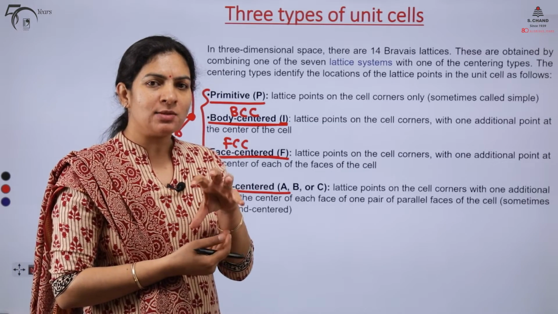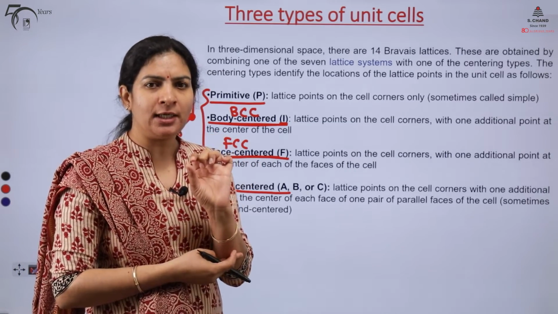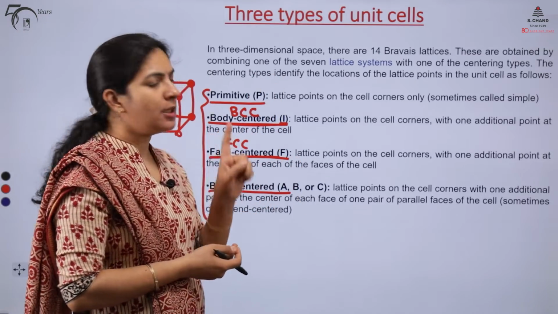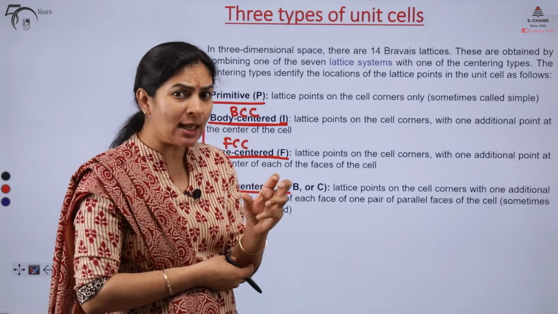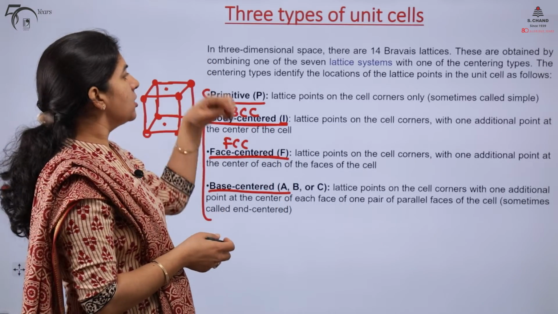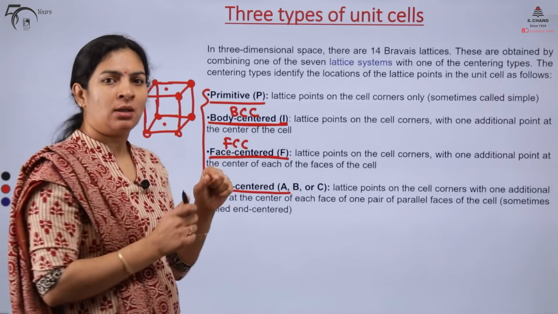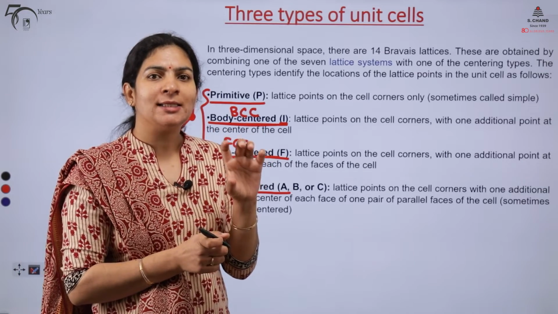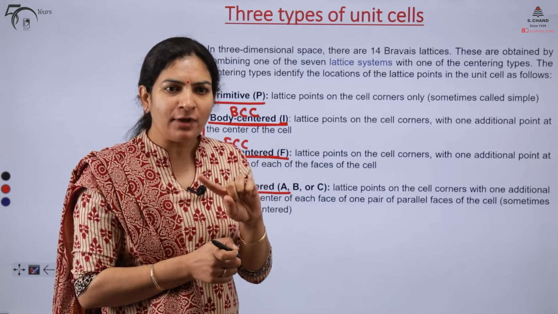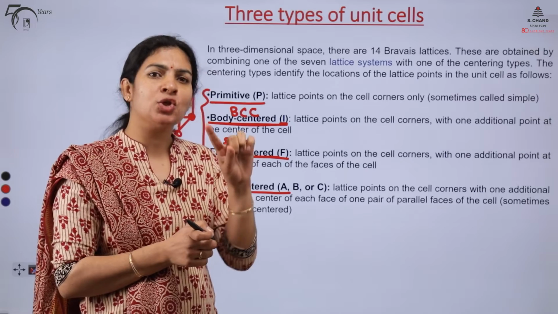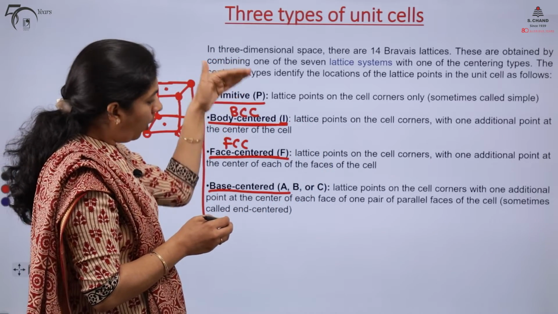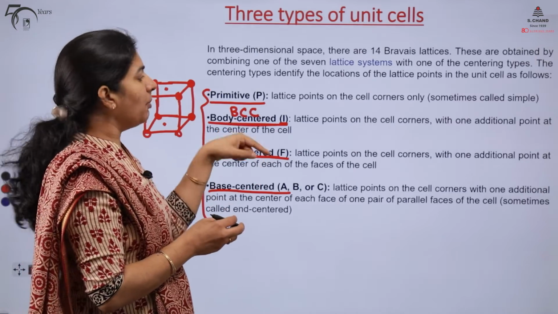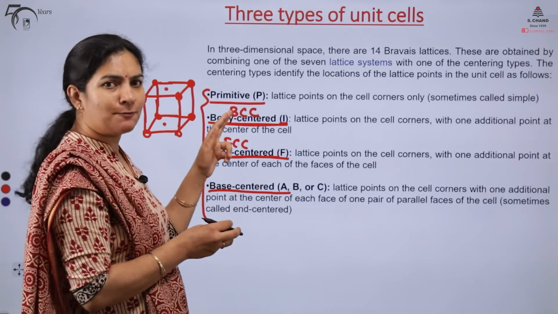The unit cell, as we have understood, is the smallest entity. These are the four possible ways in which atoms are arranged in the unit cell, and these unit cells are part of the 7 crystal types. Each crystal type can exist in all of these forms, or maybe one of these forms, or two of these forms.